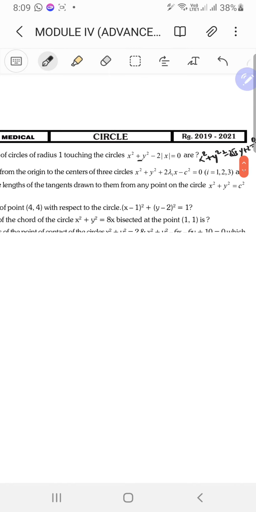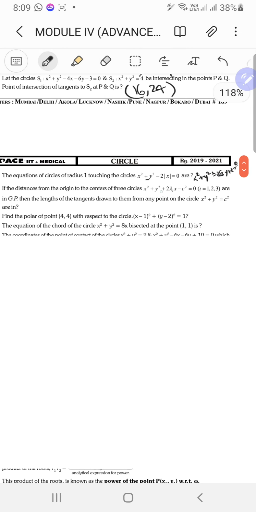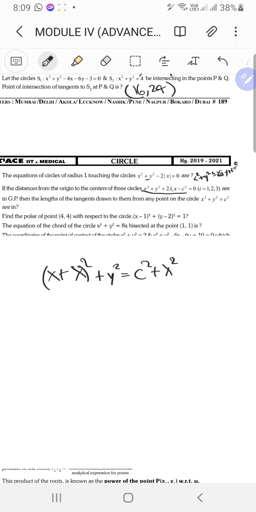So first of all, let's see what we can do with this equation. So x squared, actually x plus lambda squared, right? So x plus lambda squared plus y squared equal to c squared plus lambda squared, right? So this center is minus lambda comma 0.